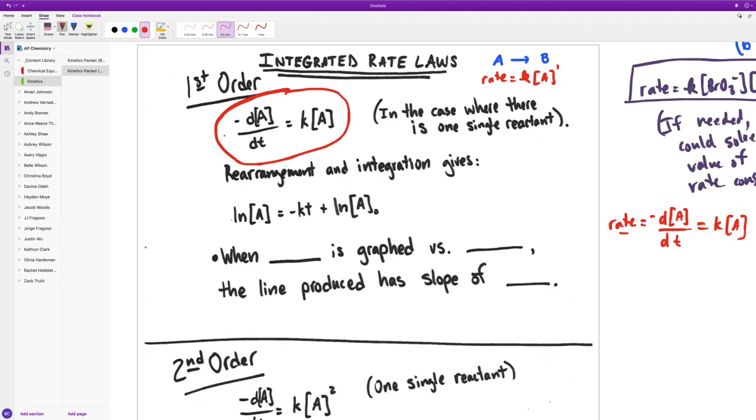And when we integrate this equation, we have to do something called integration by parts if you're in calculus. And again, if you're interested, we basically put all of the same variable on one side of the equation and all of the other type of variable on the other side of the equation, where we put 1 over Ka on the same side as this dA, and there's a negative in there as well.